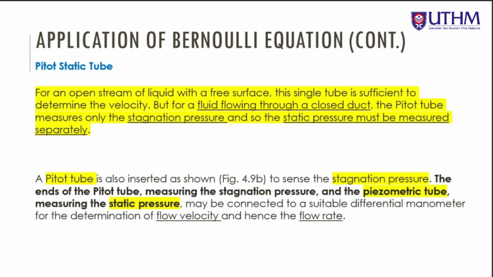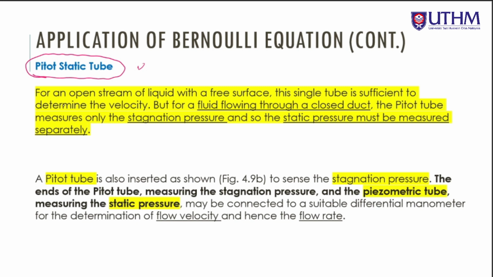Okay. And for yang ni dia ada macam dia combine actually, kan macam pitot tube tadi hanya kepada stagnation pressure, tapi bila dia create satu pitot static tube supaya dalam satu device dia boleh measure dua-dua sekali, kan.